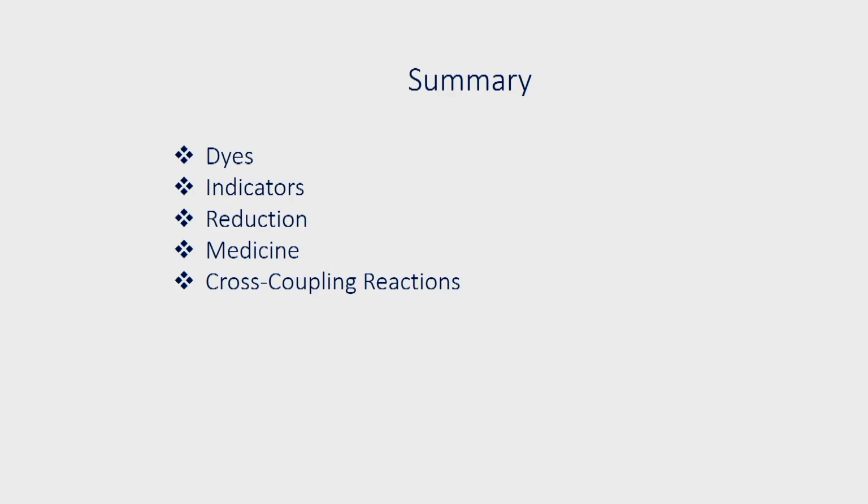We have seen some examples where you can convert it into aniline, which can be further converted into useful compounds. Then we have seen the recent developments for the construction of carbon-carbon and carbon-boron bonds via cross-coupling reactions. We have seen several examples using transition metal based CC coupling reactions as well as photocatalytic systems. These are some of the recent developments.